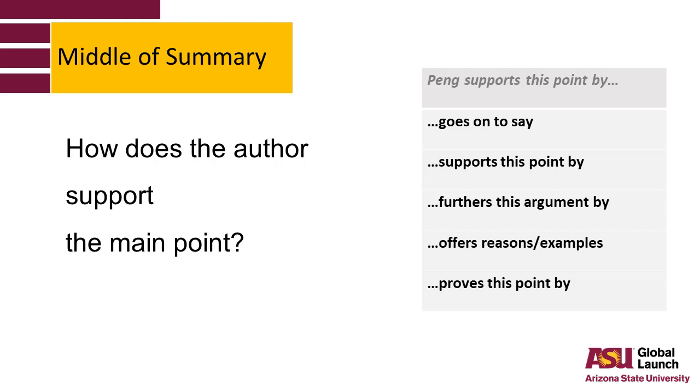You should state what the author does, then the actual ideas that are used as support. Here, you might say something like, Peng supports this point by offering 5 specific ways Zara's rule breaking has led to its success. Just to clarify, you should state how the author supports the main point and then summarize that support.